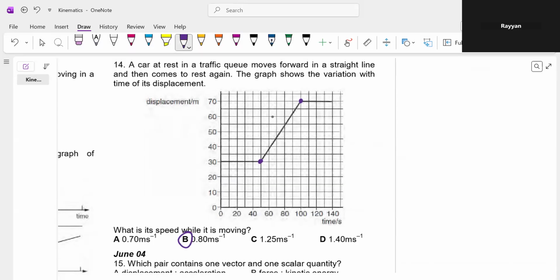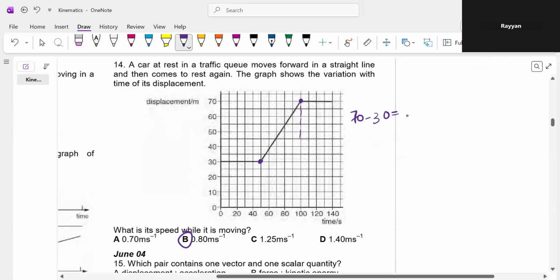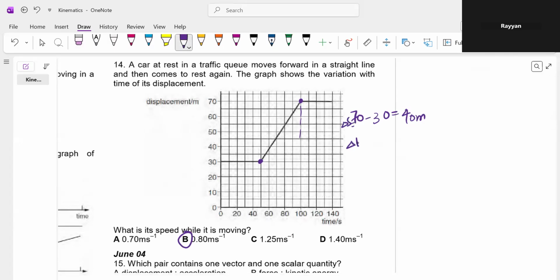How is it 0.8? Because you find the gradient. You have this area as well, and then you have the gradient. 70 minus 30 will be 40 meters, and then this is delta S. And what is time?